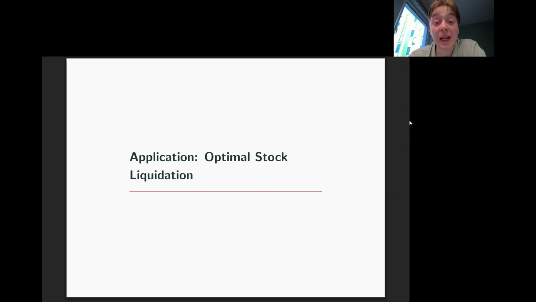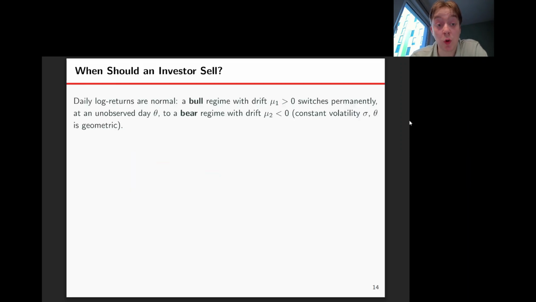Now let's look at a financial application of the above theory, the problem of optimal stock liquidation, or in other words, when should an investor sell their stock?